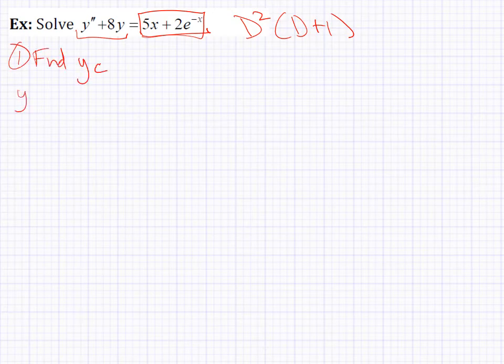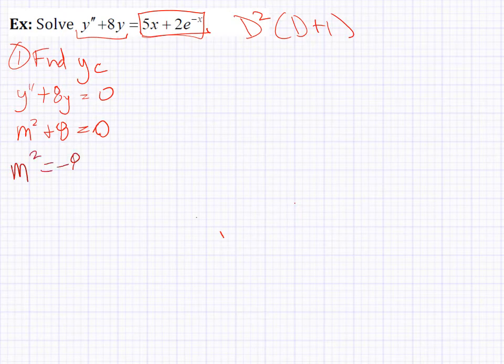In which case it's y double prime plus 8y equals 0. So our auxiliary would be m squared plus 8 equals 0. And that would tell me that m squared equals negative 8.